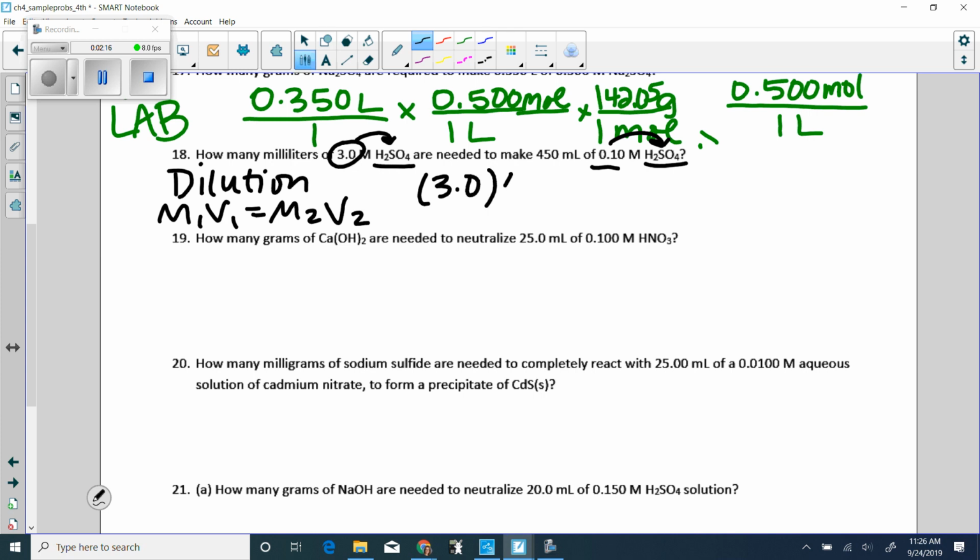We're going to solve for how much of that we need, so that's going to be V1. We're trying to make a 0.1 molar solution and 450 milliliters of that. You can only do a dilution equation if it's all the same thing. You cannot do it in a reaction. This math only earns credit for diluting.